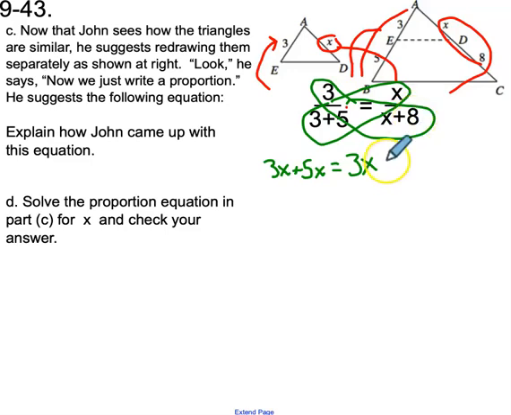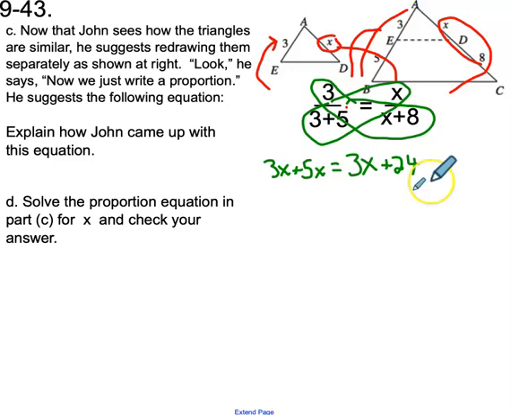What's 3 times 8? 22, right? You better not write 22 down. It's 24. So this is the proportion we have. Now, can you solve it from here? What I'd like you to do is go ahead and pause the video, try and solve it, and then restart it when you're done.